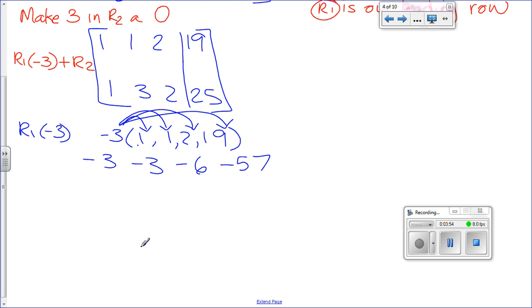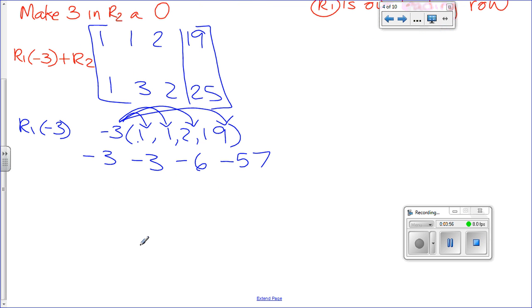From there, we need to add R2. Sean, read R2 for me, please, from the previous step. 3, 1, 2, 31. Okay, now we're going to combine the two rows.